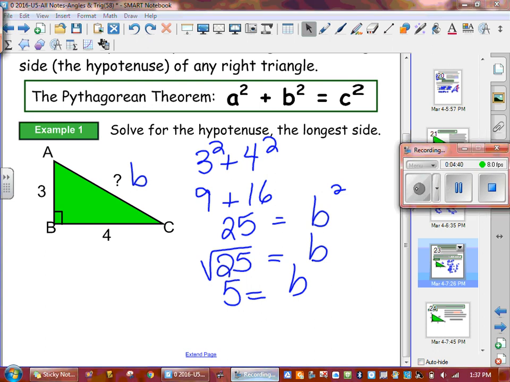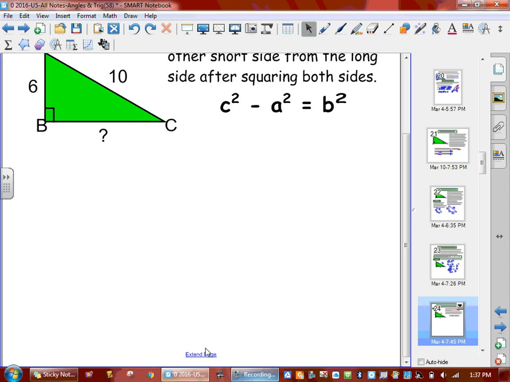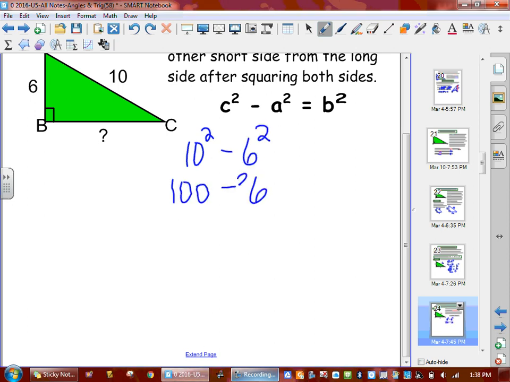Okay. Now we're going to find your short side. That was fun. All right. We're going to find a short side. When we do this, we have to subtract. So 10 squared minus 6 squared, 100 minus 36 is going to give us 64.